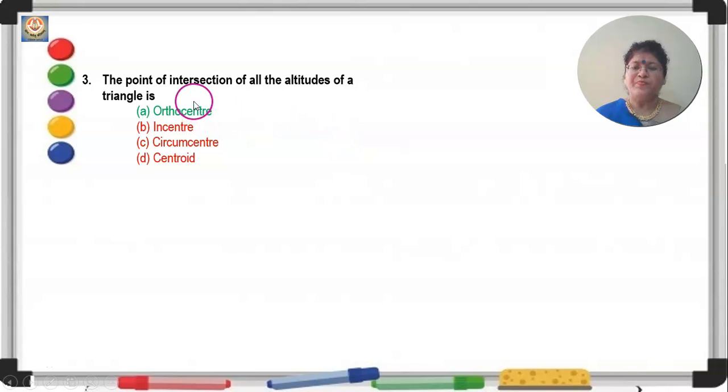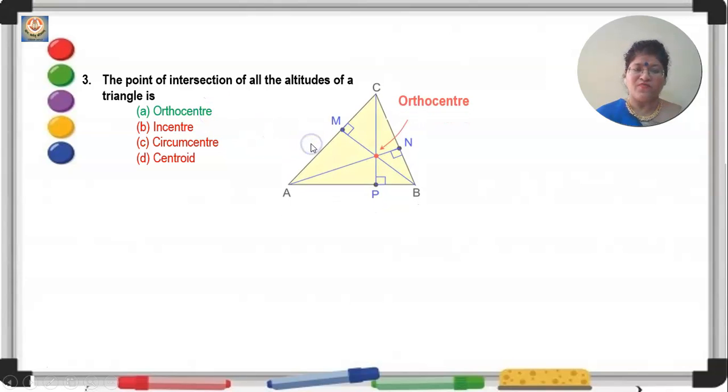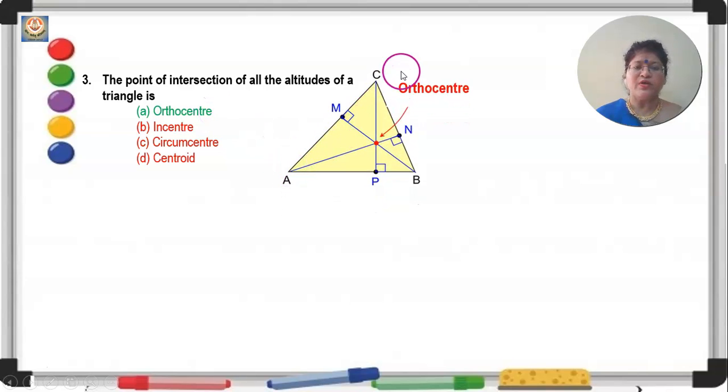Third question, the point of intersection of all the altitudes of the triangle is known as the orthocenter of the triangle. Now in this triangle ACB, CP is perpendicular to AB, BM is perpendicular to AC, and AN is perpendicular to CB.